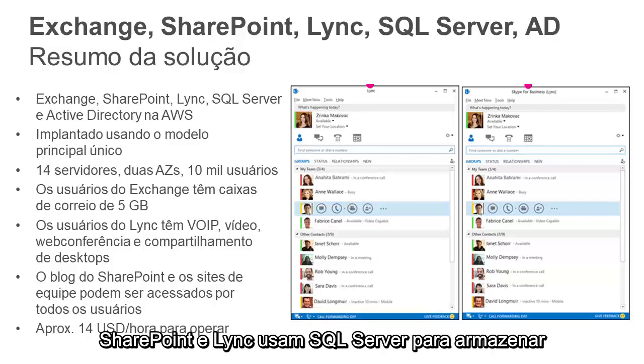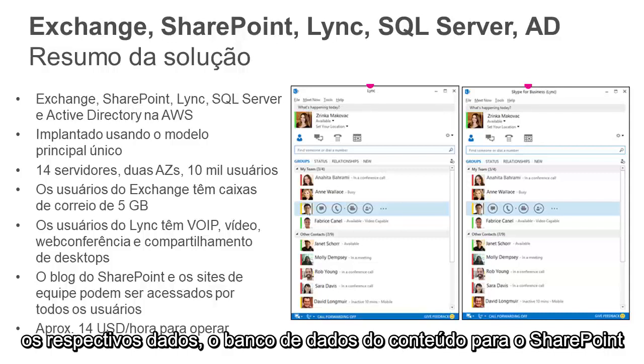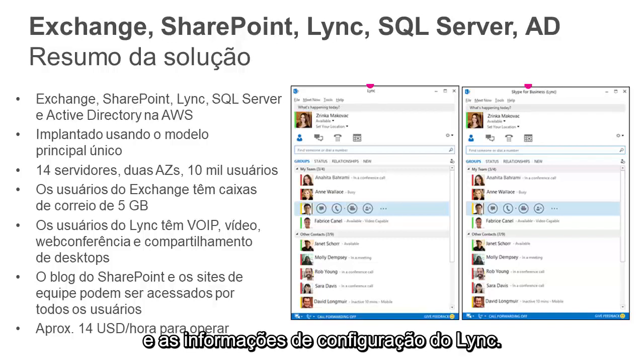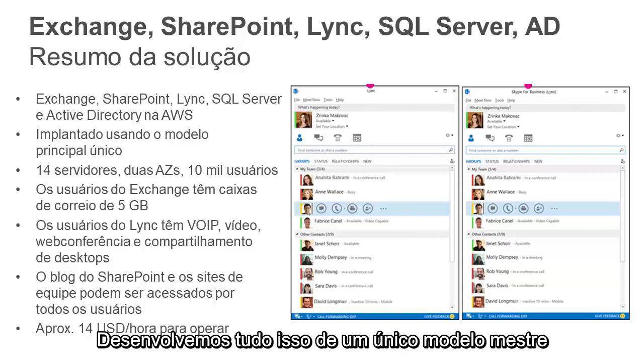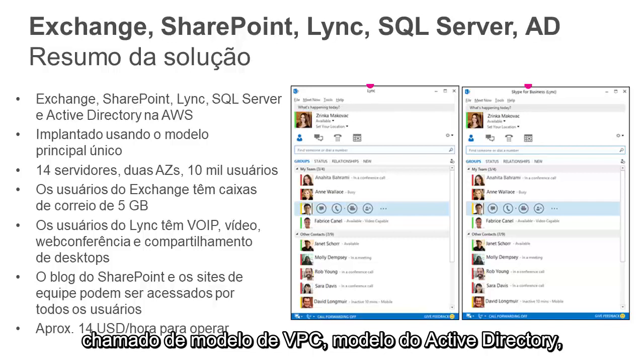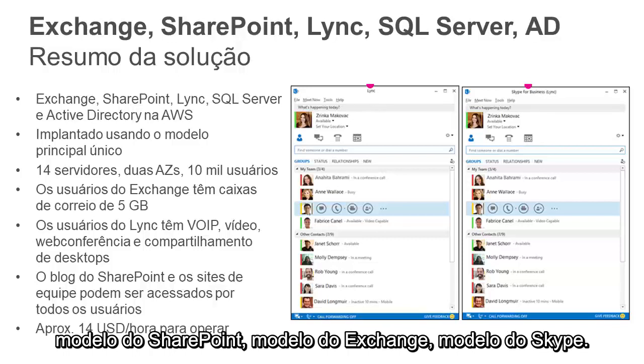SharePoint and Lync both use SQL Server to store their respective data, the content database for SharePoint and the configuration information for Lync. We also have stood up Active Directory. We've deployed all this from a single master template that's called the VPC template, the Active Directory template, a SharePoint template, Exchange template, Skype template.